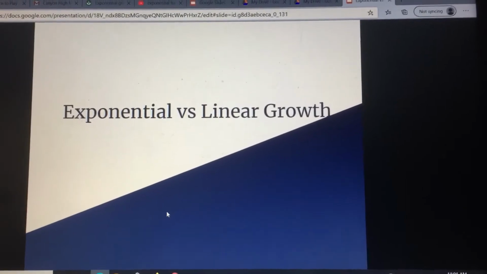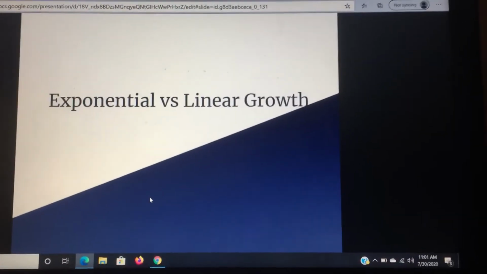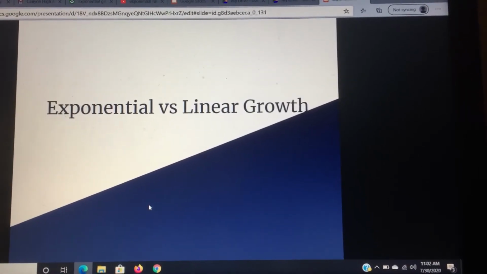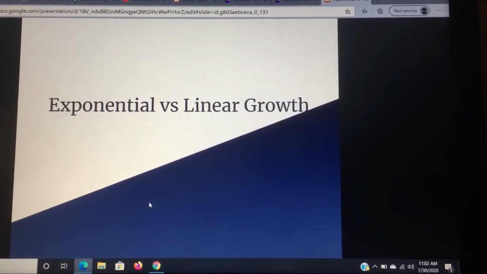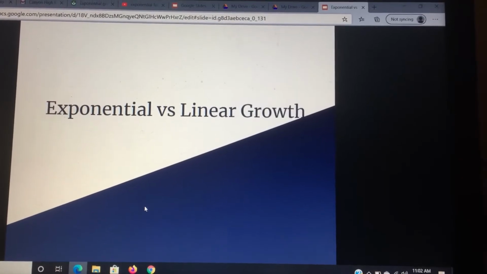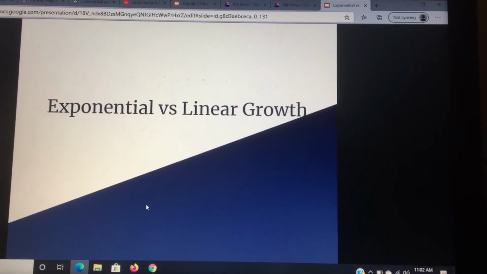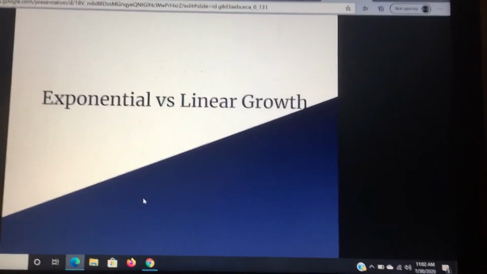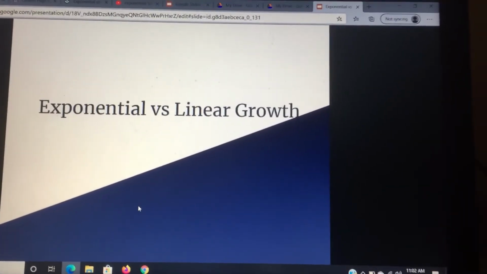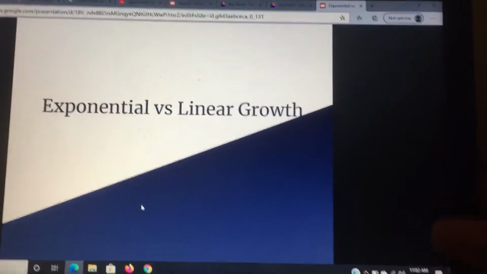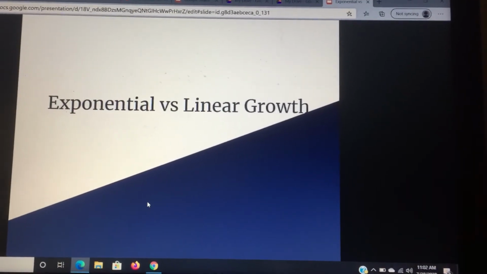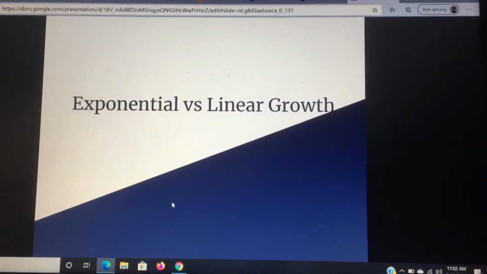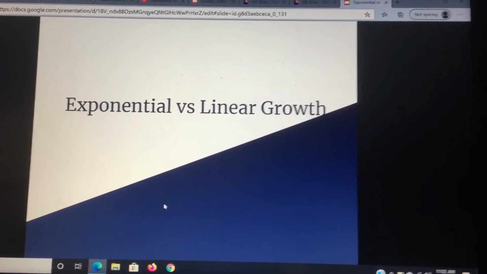Now we're going to talk about exponential versus linear growth. What are exponential growth and linear growth? There are a lot of things you can use them for. It's very much used in science, where with the coronavirus data you hear a lot of talk about exponential growth, and exponential growth and decay for trying to bring down the coronavirus.